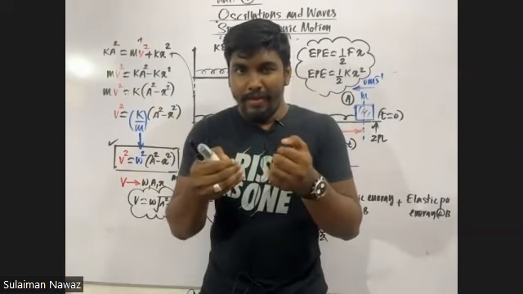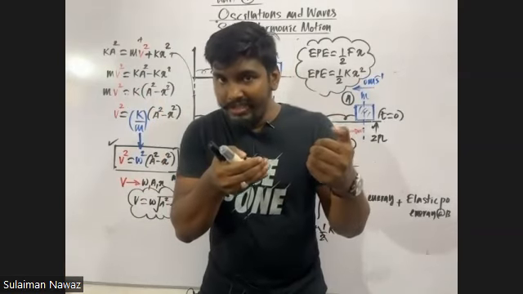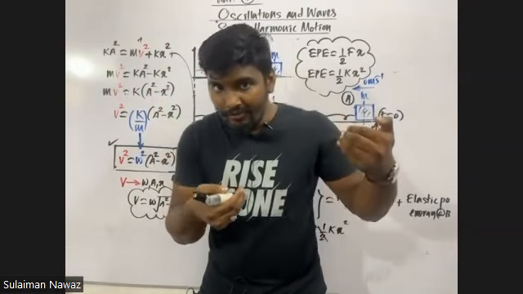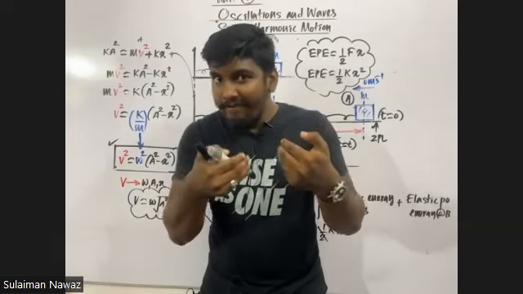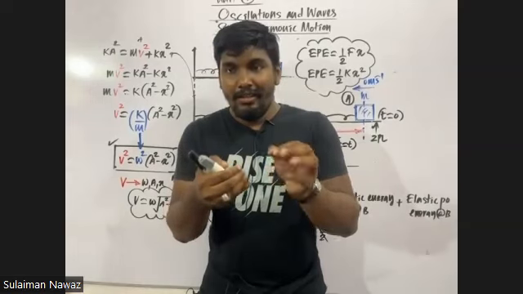Now I explained that in a simple harmonic motion, velocity varies. When the object moves in a simple harmonic motion, the object's velocity is different at different instants.